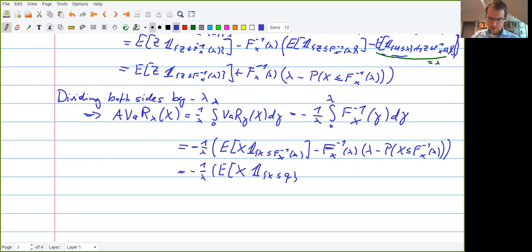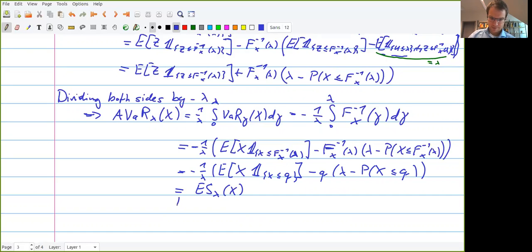Right, so we have here nothing else than this here. And so we just replace now the inverse function by q. Here's q times lambda minus x being less or equal than q.